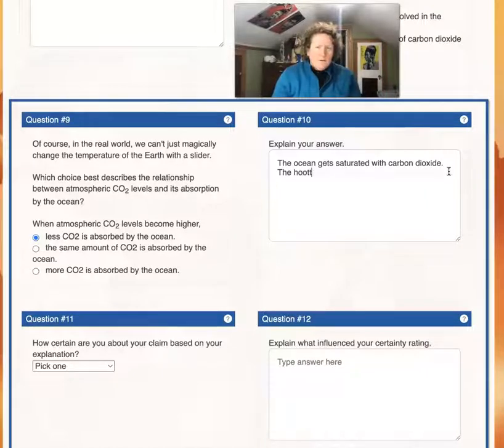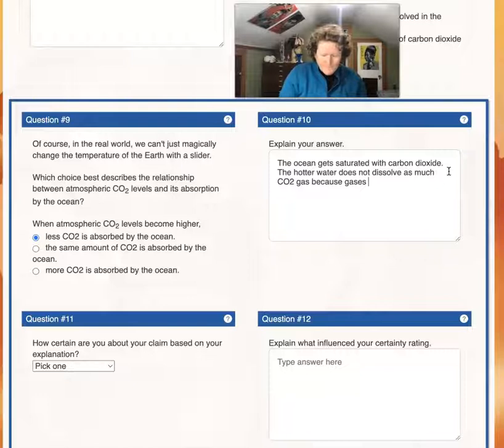The hotter water does not dissolve as much CO2, that's carbon dioxide gas, because gases are less soluble at higher temperatures.